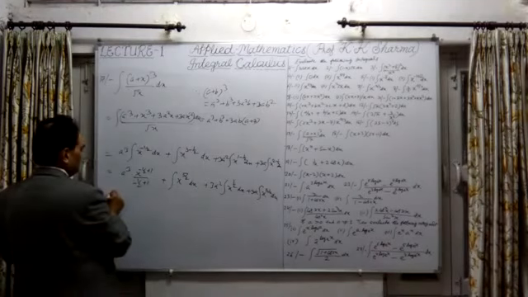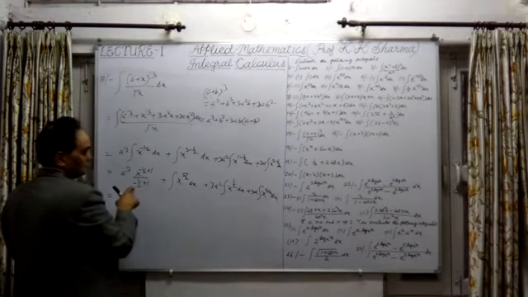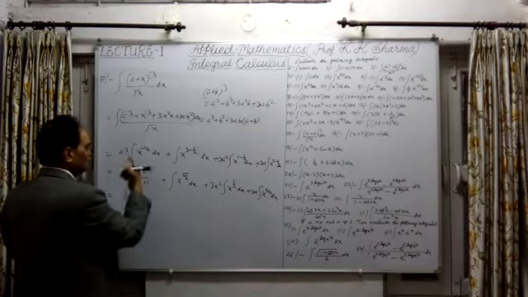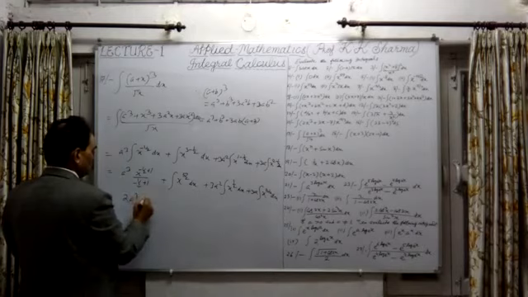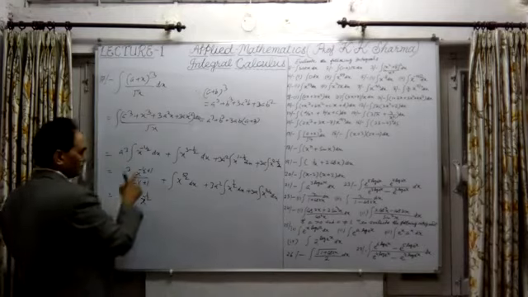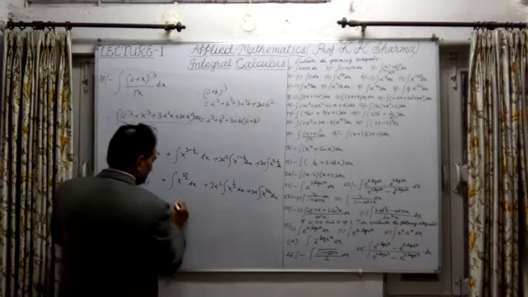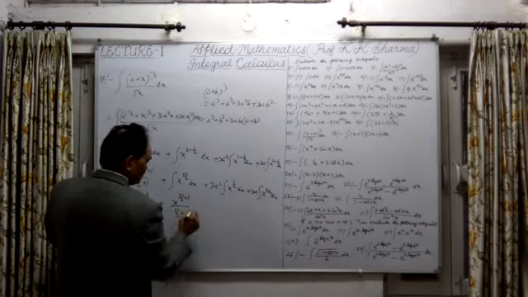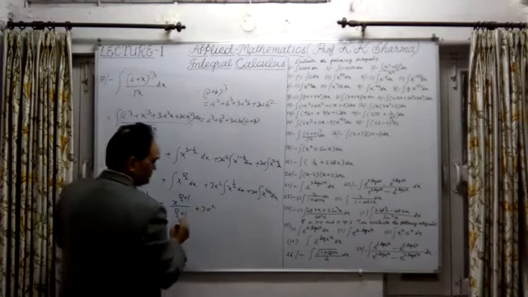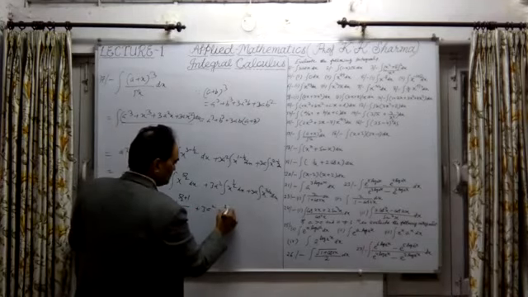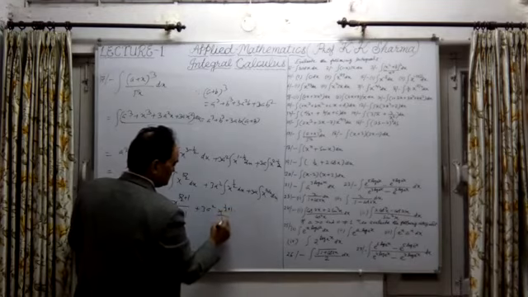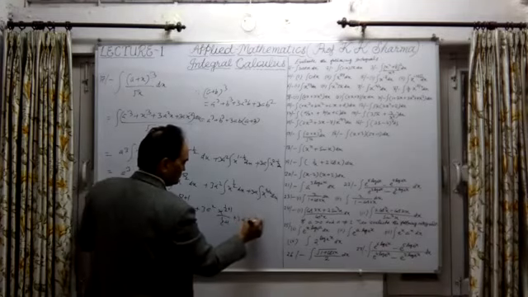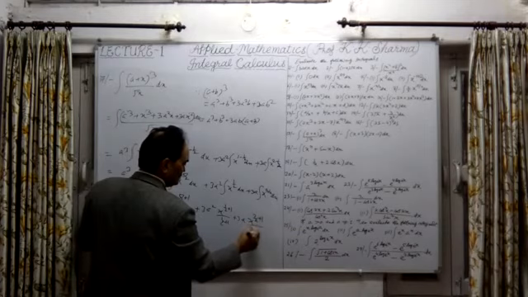Now let me integrate them further. This is minus half plus 1, which is plus half. Plus half, 2 will come in the numerator. So 2a cube, x raised to the positive half. Plus, this is x raised to 5 by 2 plus 1 upon 5 by 2 plus 1, plus 3 into a square, x raised to half plus 1 upon half plus 1, plus 3a, x raised to 3 by 2 plus 1 upon 3 by 2 plus 1.